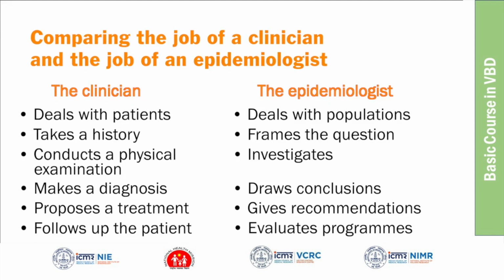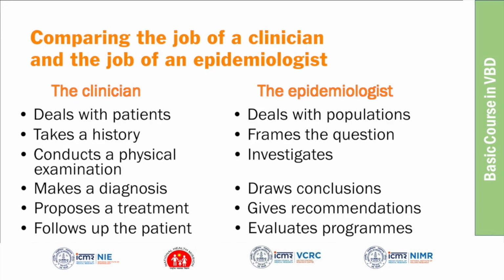The clinician may clinch a diagnosis, whereas an epidemiologist may come to a conclusion about why the problem is occurring and what can be done about it. The clinician may give a prescription, whereas an epidemiologist may propose what can be done about it.